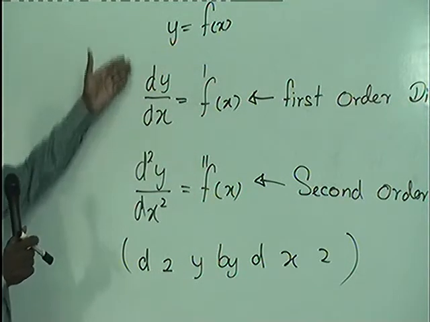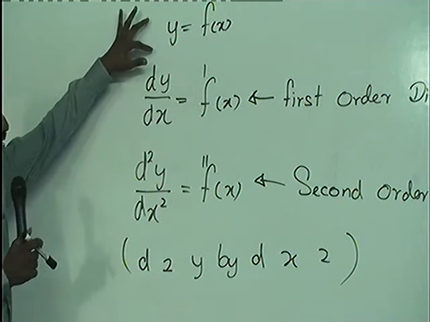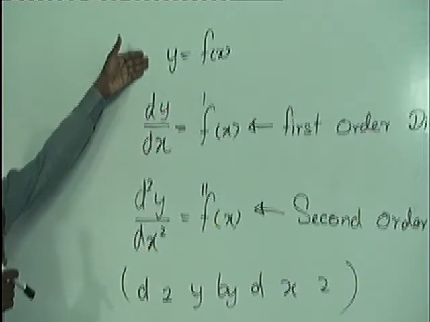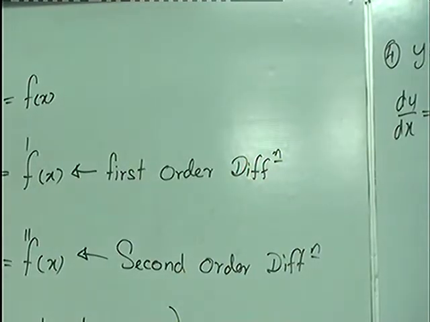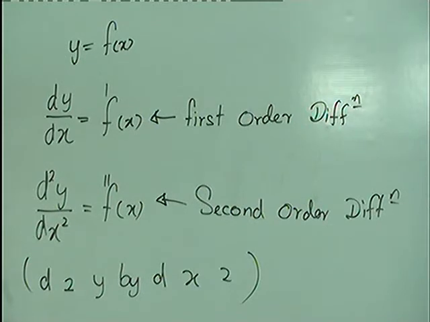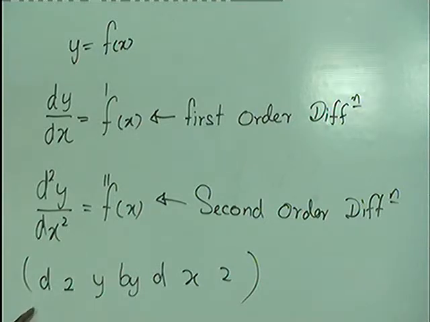So could you please write down this one? Starting from here: y equals f(x) is the function. Then dy by dx equals f dash x, first order differentiation. And the second one, d2y by dx2, second order differentiation, and the pronunciation. Write down this.